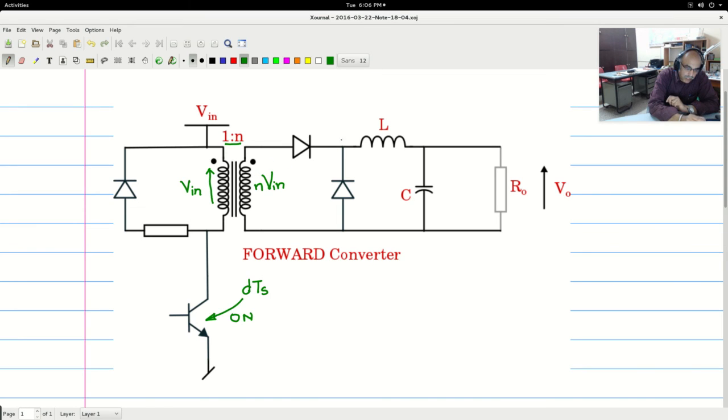Now this n times Vin comes here at the pole of the buck converter, and here you are having V0.